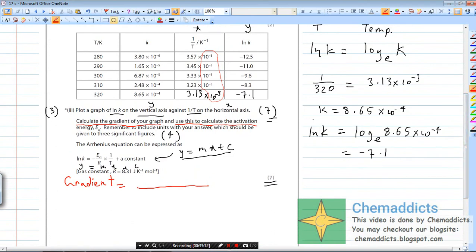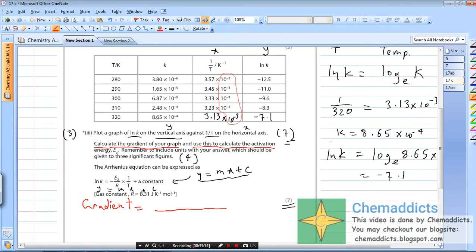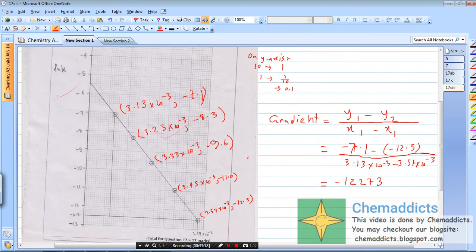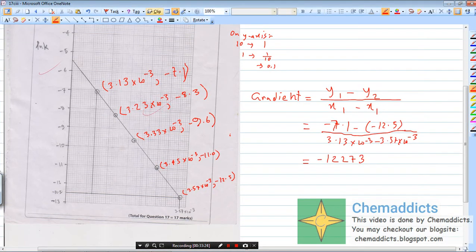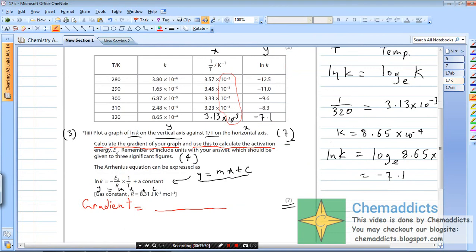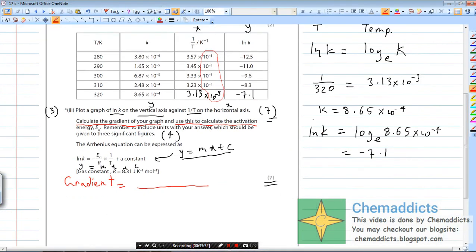So what values we have taken? See, minus 7.1, 3.13. So minus 7.1 minus minus 12.5.